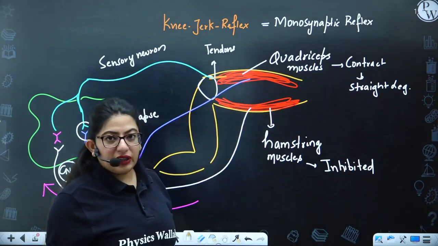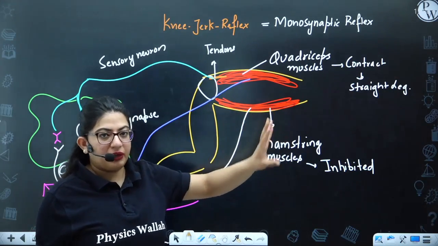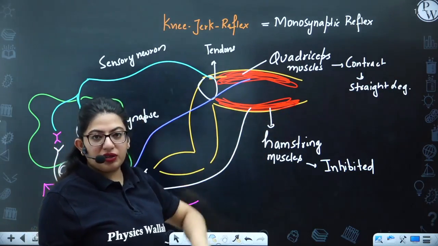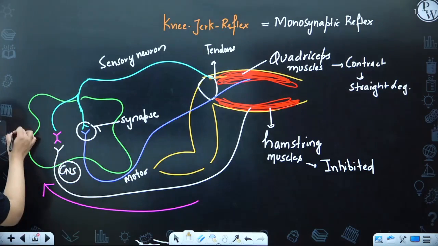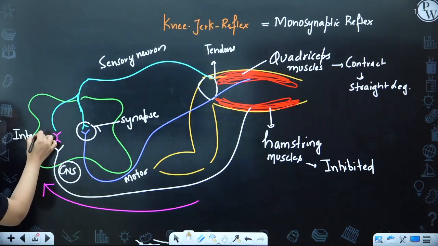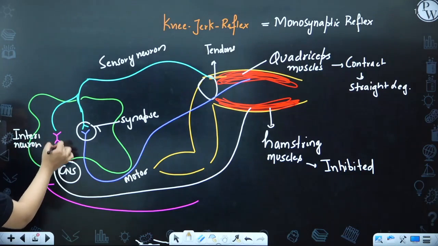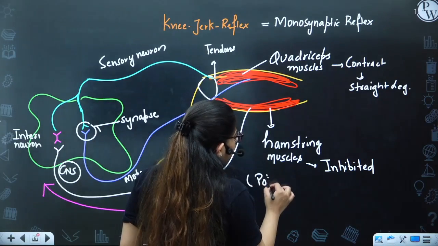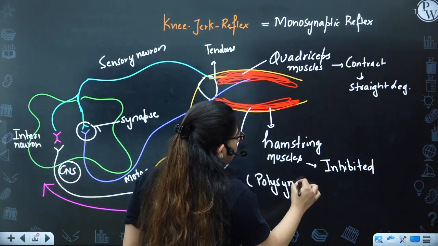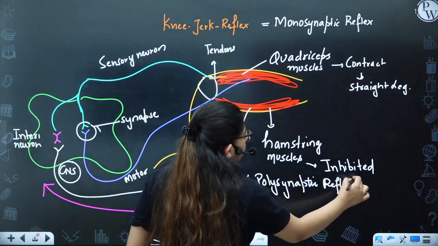If you want to straighten the leg, that means this muscle, which helps in bending, should be inhibited. So here the inhibition of the hamstring takes place. This is another reflex, since it involves another neuron known as an interneuron. So you can see there are two synapses formed. So this type of reflex is a polysynaptic reflex.